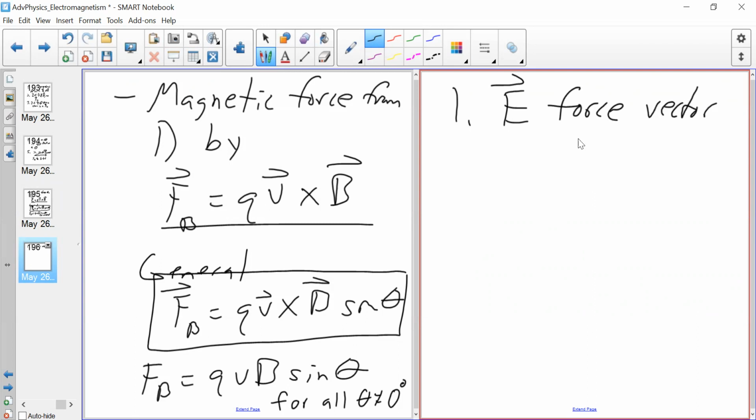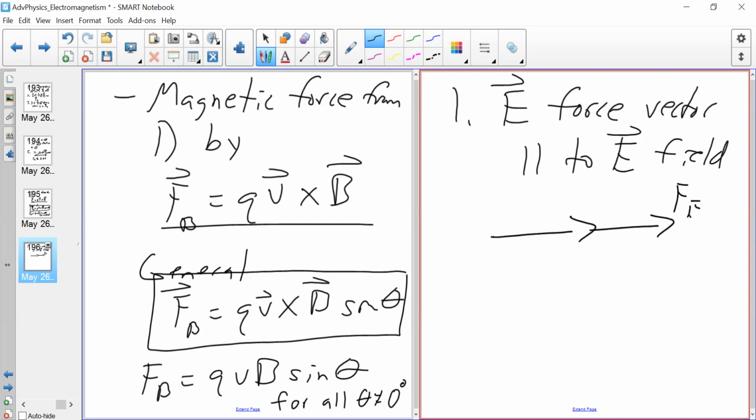So we already know, from first principles, that the electric force vector is going to be parallel to the electric field. So we have E and we have F, right? We know that already from just looking at that. They're not dot products, but they're in the same axis, point in the same direction, parallel.